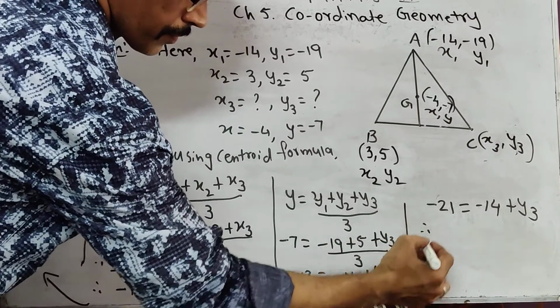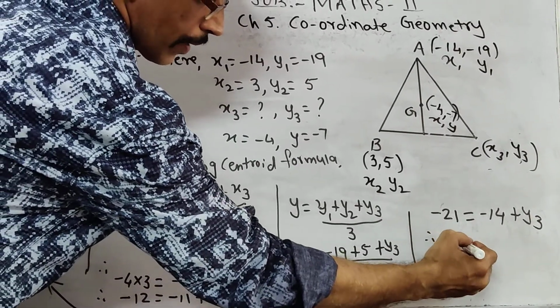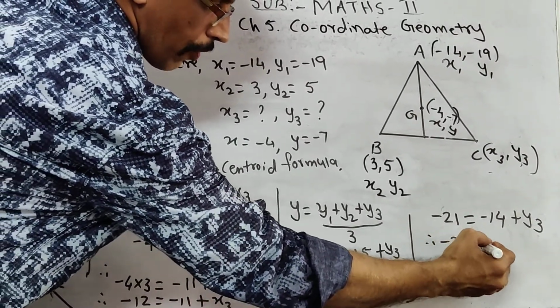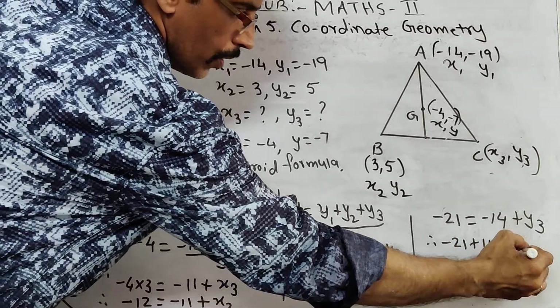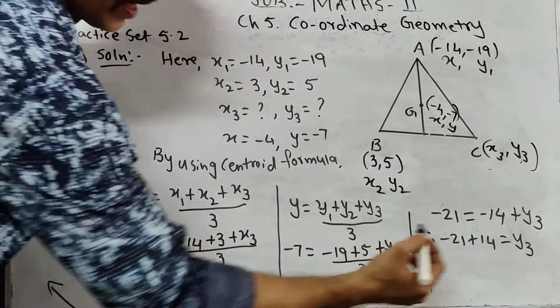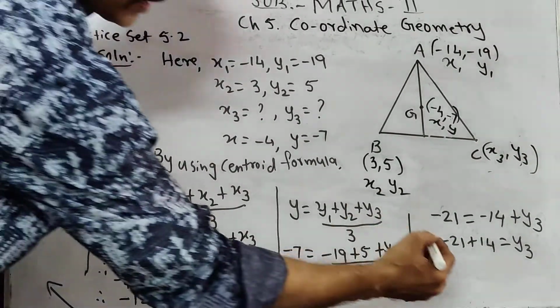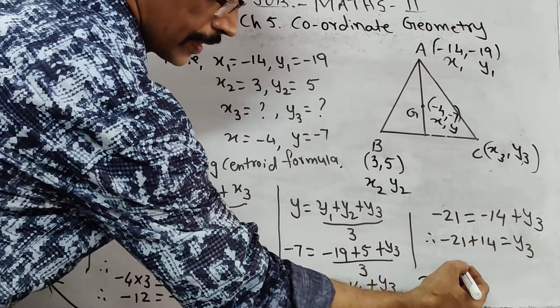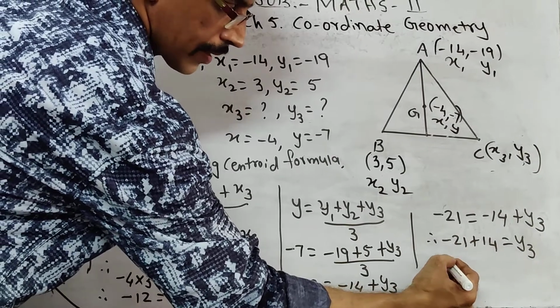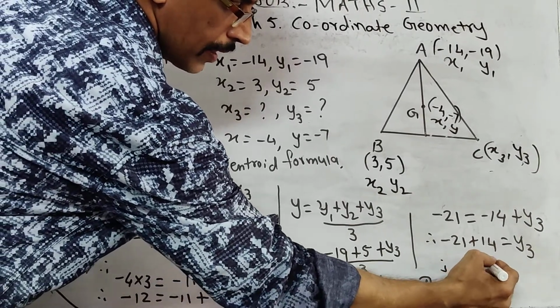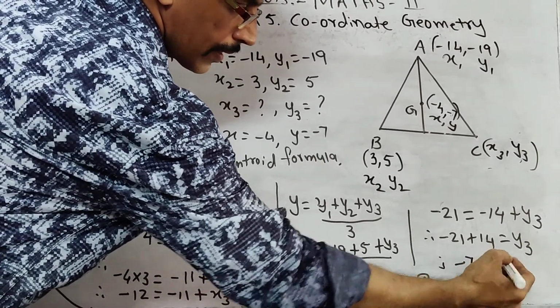Therefore, minus 21 plus 14 is equal to y3. Okay, again minus plus is minus. So 21 minus 14 is 7. Bigger number sign, minus. Therefore, minus 7 is equal to y3.